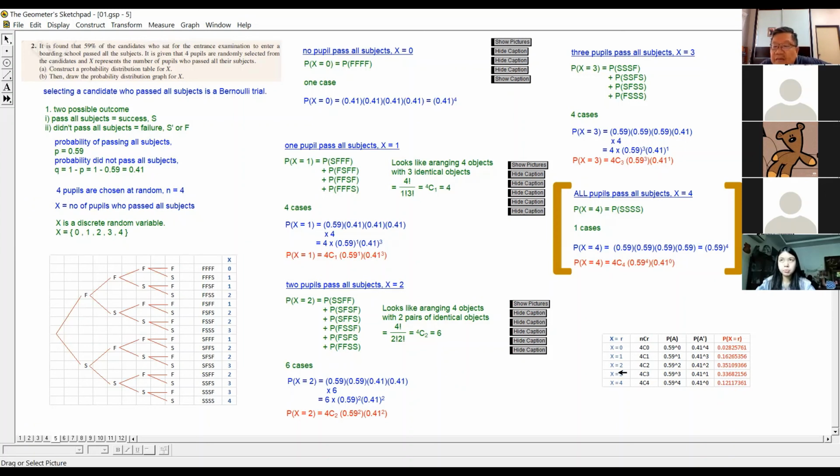Take x equals to 3: the component 4C3, success to the power of 3, failure to the power of 1. Take another, x equals to 1, which has three components: number of outcomes, 4 choose 1, probability of success only one time, probability of failure 3 times.